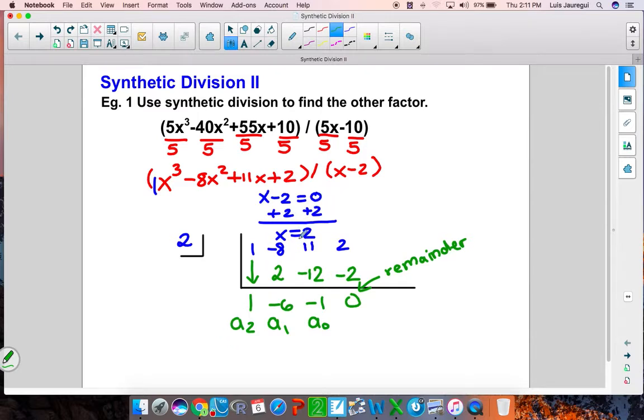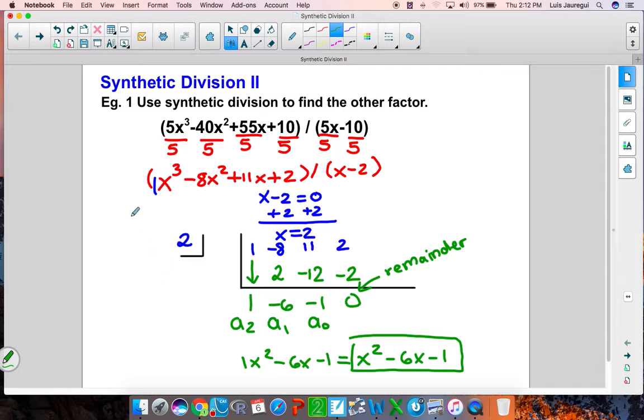The other factor here would simply be 1x squared minus 6x minus 1. Notice I don't really need to write that 1, so I'm going to just simplify it as x squared minus 6x minus 1. Therefore, the other factor missing here is just x squared minus 6x minus 1.